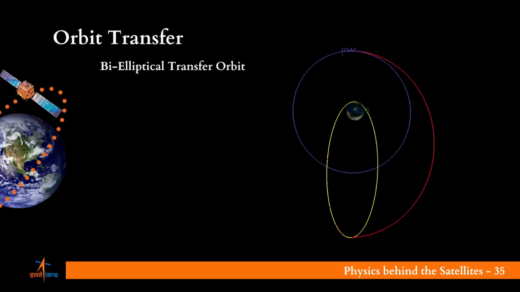Then the satellite reaches the new apogee. A second burn boosts the satellite to follow another half-elliptical path reaching the new perigee. A final burn at this point helps the satellite into the desired orbit. Some bi-elliptical transfers can be more fuel efficient than Hohmann transfer.